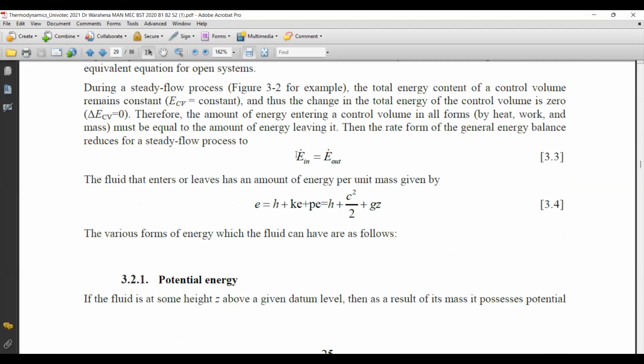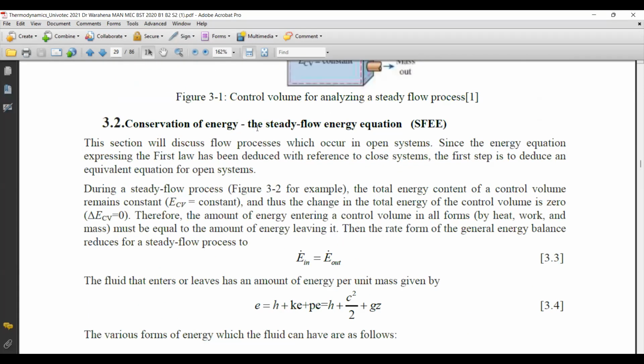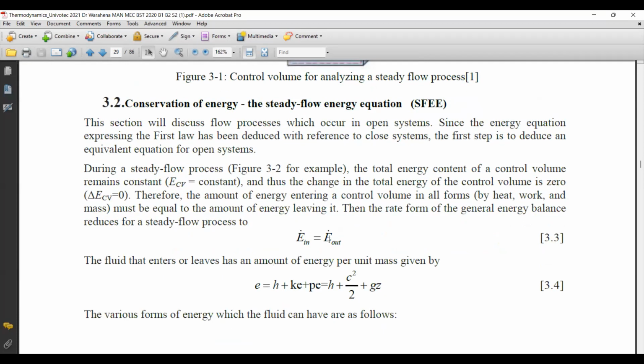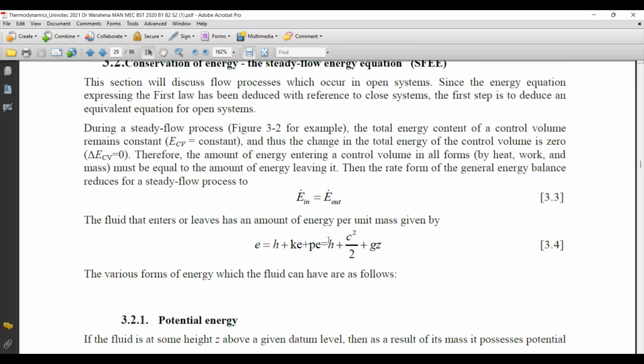But for steady flow energy, there is a balance, steady flow energy equations. See, steady flow process, whatever E in to this system is E out. Then for unit mass, the big E becomes small e. Small letters are always for 1 kg. Okay, so E is written in this way.